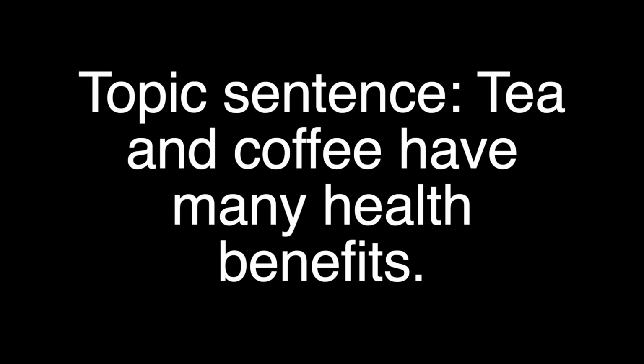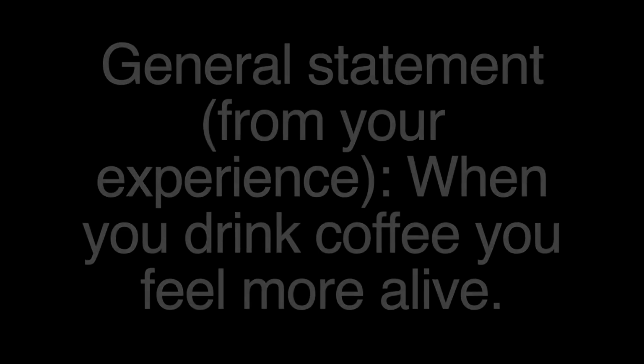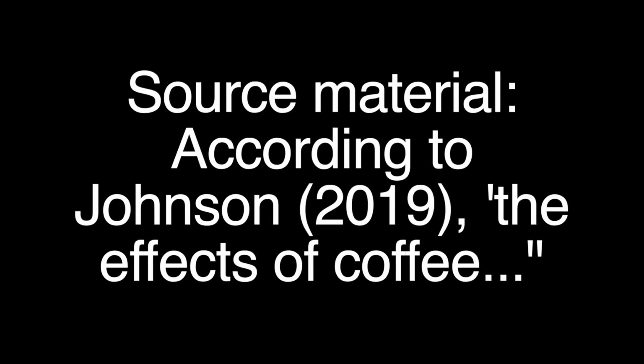For example, going back to tea and coffee, my topic sentence is, I'm doing a point by point: tea and coffee have many different health benefits. For example, you know that when you drink coffee, you feel more alive. You feel more awake. This is the general statement, okay? We get that from general knowledge. Then you take something from your support.